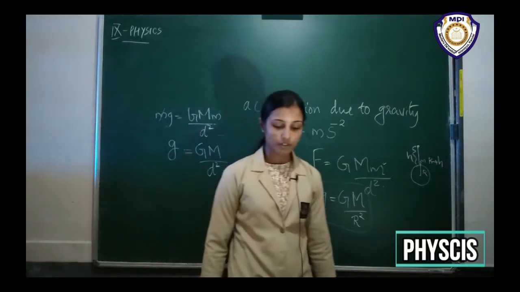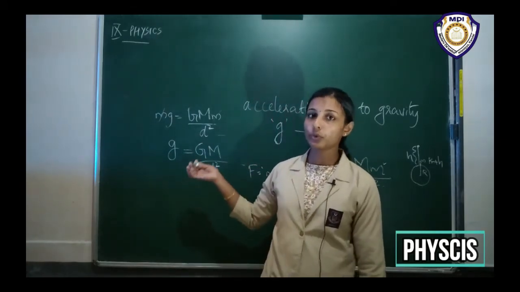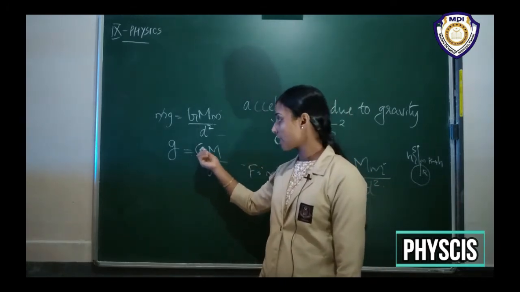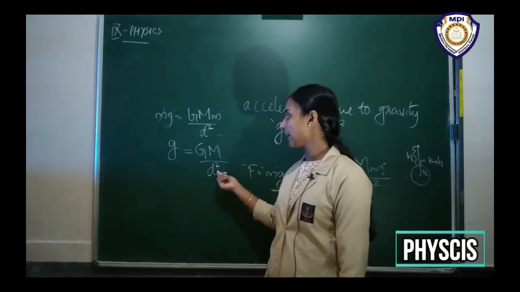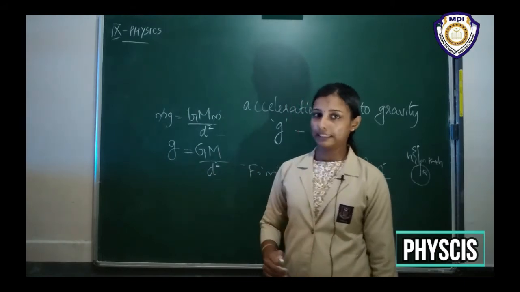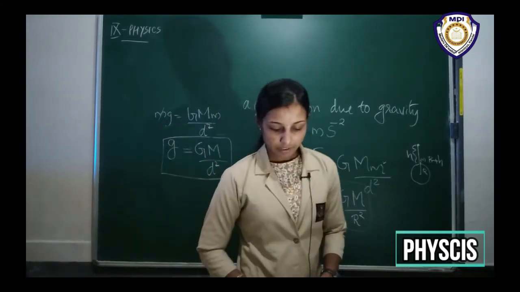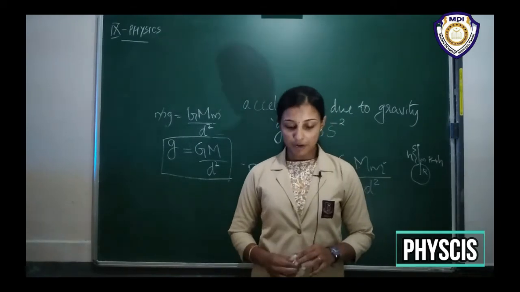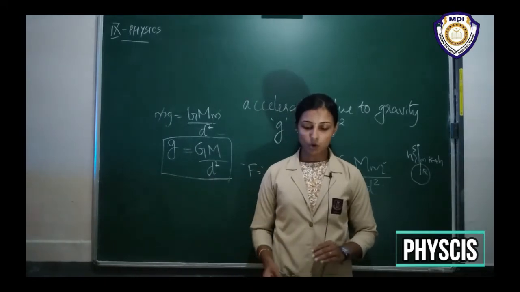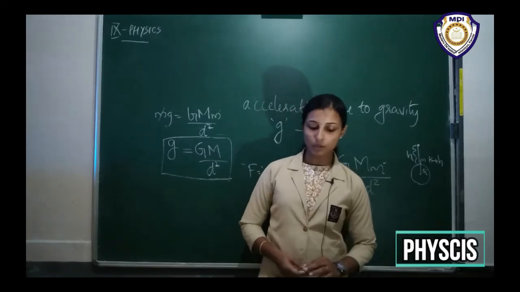Okay, so this is the equation for what is g? Acceleration due to gravity. Okay, it is the universal gravitational constant into mass of earth divided by the square of the distance between the object and the earth. Okay, so we get g is equal to gm by d square. So where the mass m is the mass of the earth and d is the distance between the object and the earth, and let an object be on or near the surface of the earth, then the distance d will be equal to r.